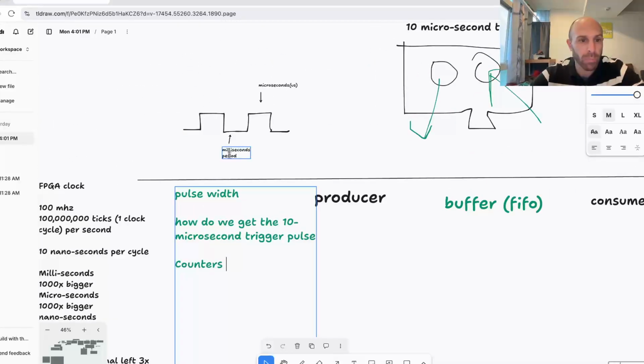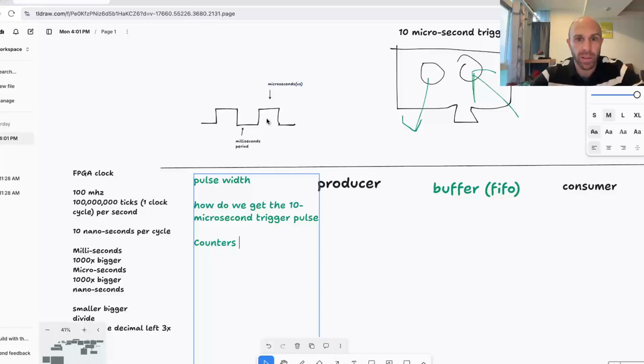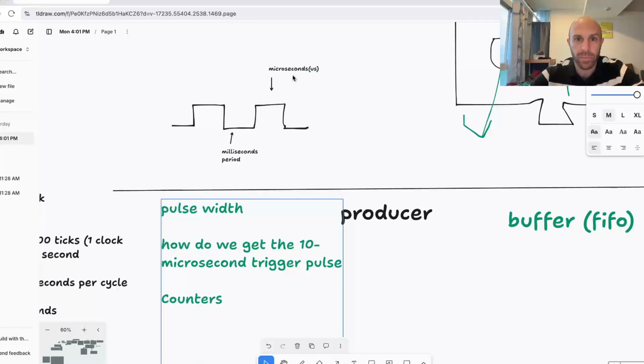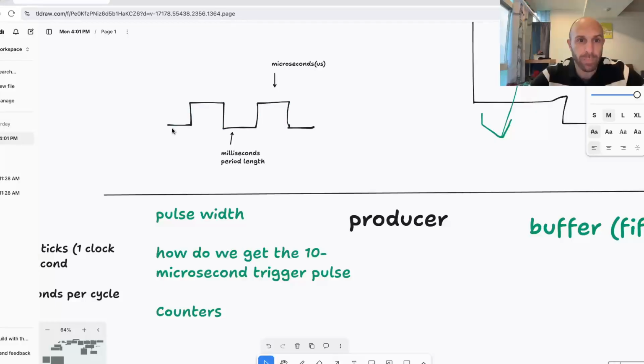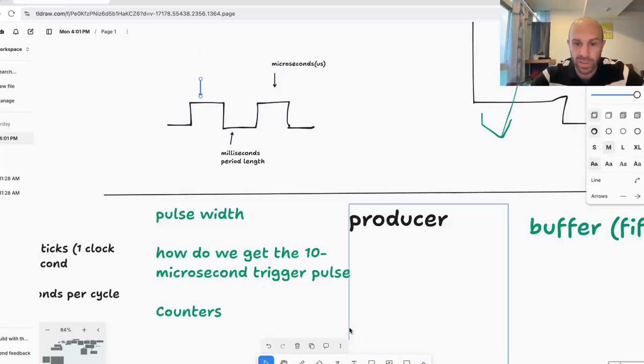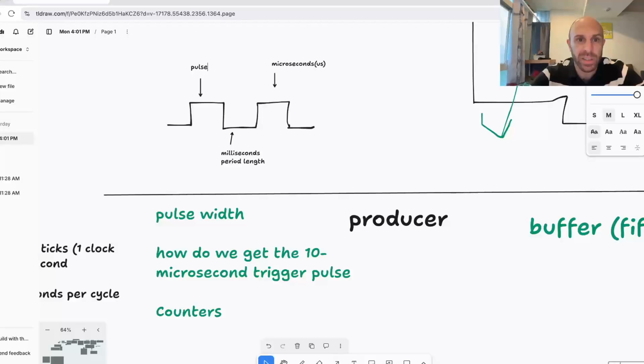But we also need the period length right here. That's a period, that's a period, that's a period. This is a pulse, this is a pulse. The pulse is in microseconds, 10 microseconds. The period needs to be 100 milliseconds.